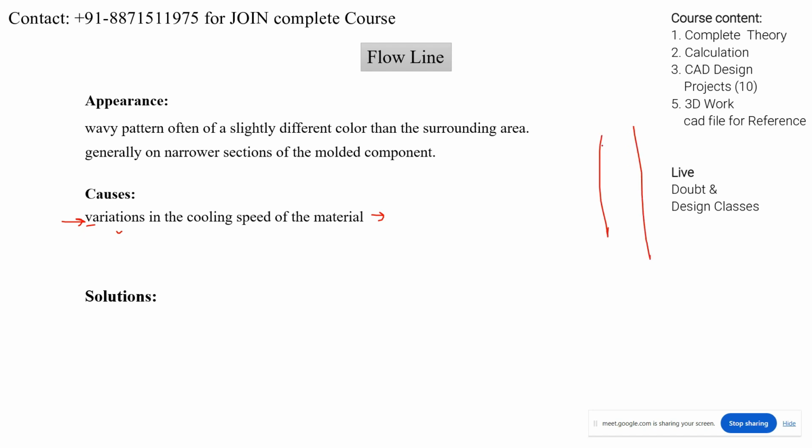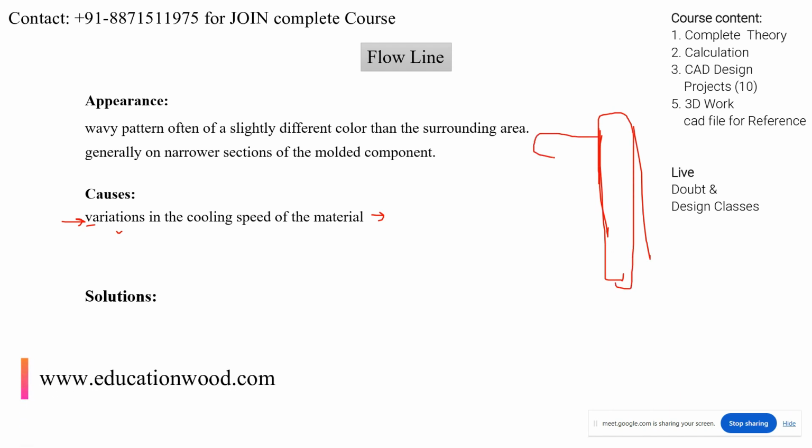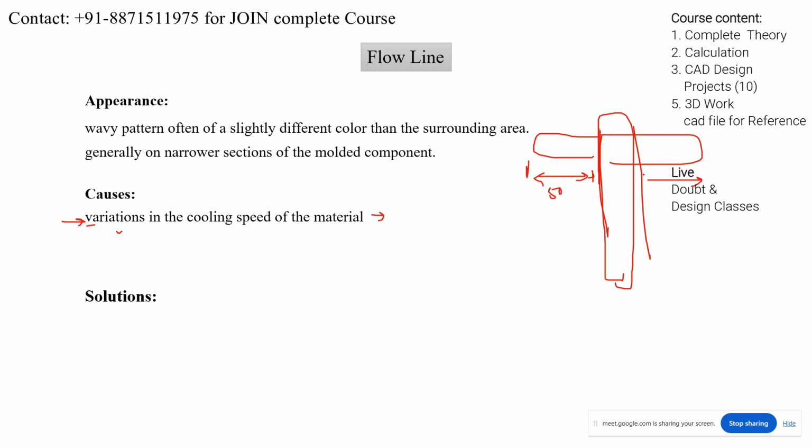For example, I have a runner like this, and I am preparing another sub runner. From this point to this point, the distance is around 50 mm, and from this point to this point, the distance is also around 50 mm.